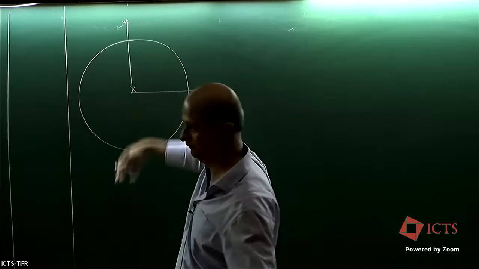Now, what is the metric? Well, the metric is conformally flat in these coordinates. So the metric is simply phi to the 4th times dr square plus r square d omega square.